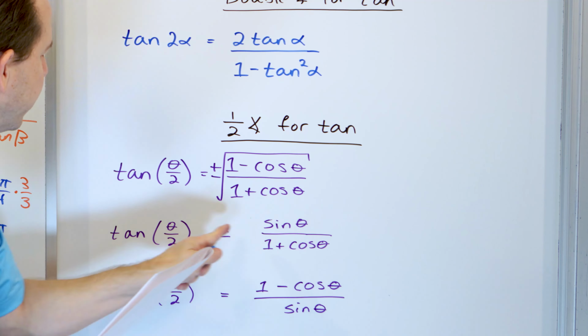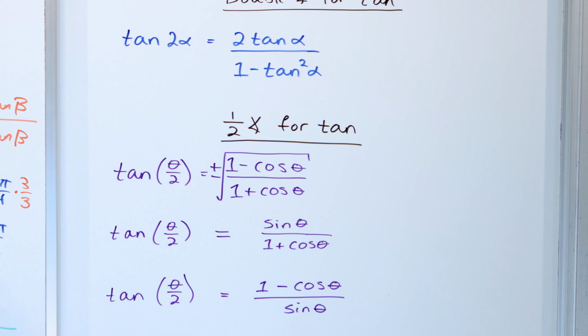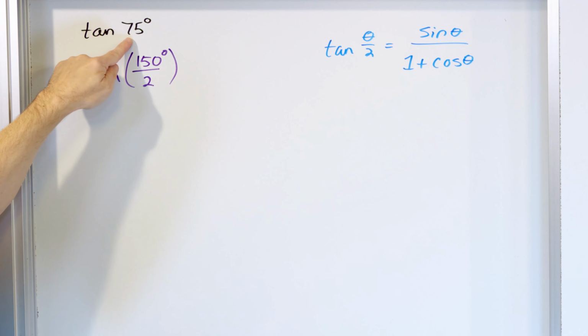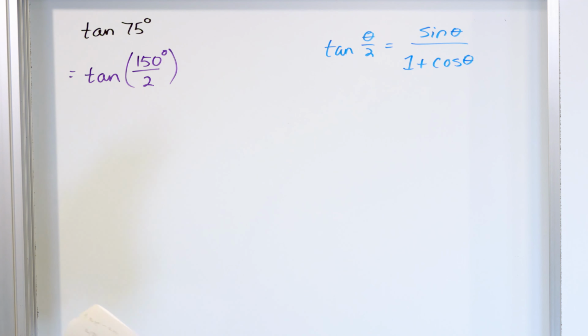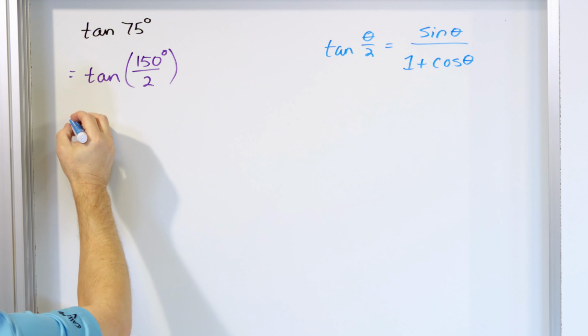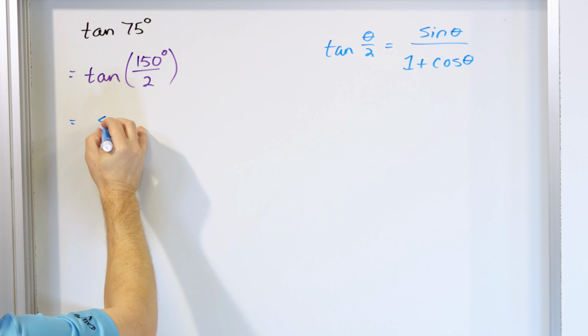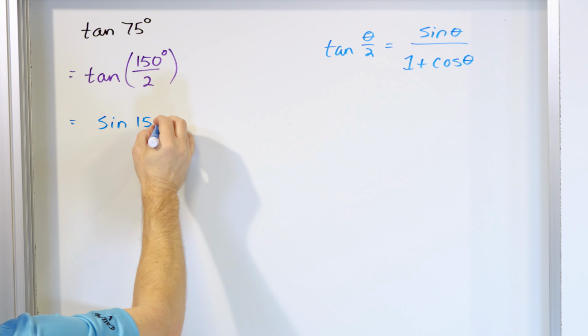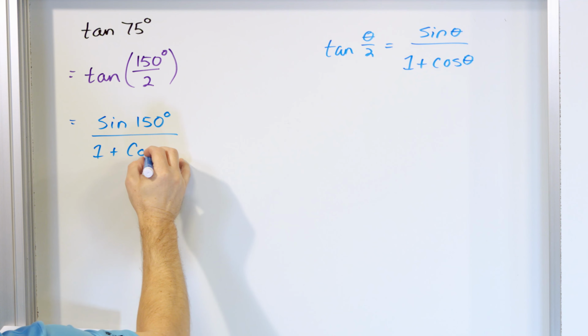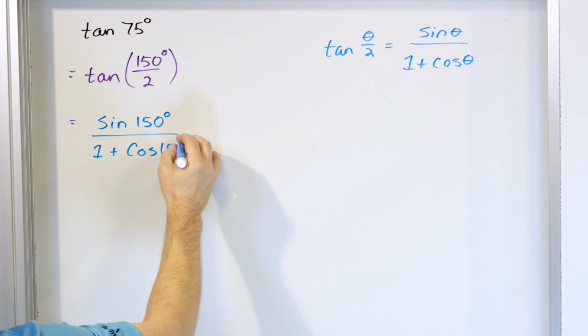Sine of theta, 1 plus cosine of theta for tangent theta over 2. So again, the issue was I don't know what the tangent of 75 degrees is, but if I write it like this, then I'm going to end up taking sines and cosines of this 150 degree angle, because it will be written as the sine of 150 degrees, whatever's in the numerator, divided by 1 plus the cosine of 150 degrees, like this.